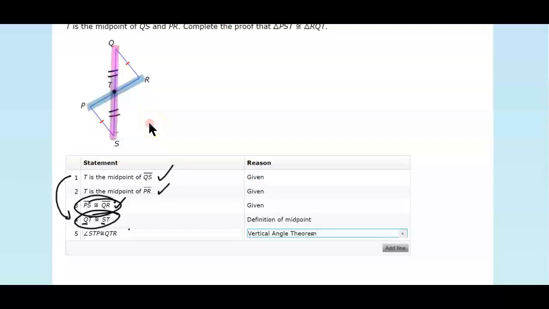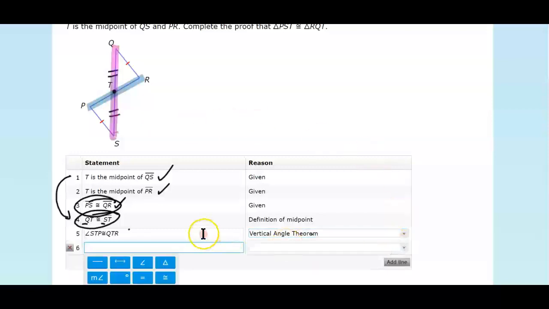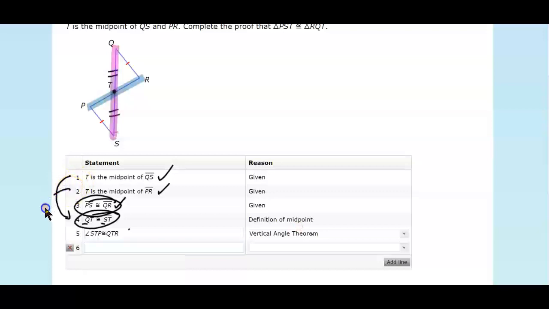So we need to find, stop jumping to the triangle. Tell me what other piece of congruent information we could find. Angelina. Is it segment PT congruent to TR? We could find that segment PT is congruent to TR based on definition of midpoint. Yeah, we had this other midpoint here.